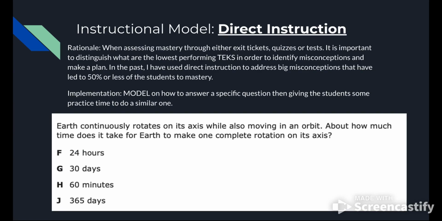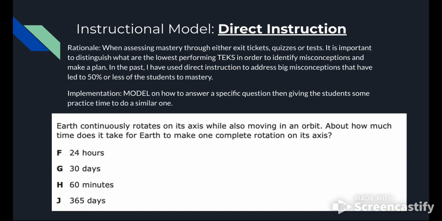So the first model that I have used in the classroom that I think is efficient is direct instruction. Now, for the rationale, when I assess mastery either through exit tickets, quizzes, or tests, or big assessments such as interim assessments, it's important to know which TEKS are very low performing in order to identify the misconceptions and then make a plan.